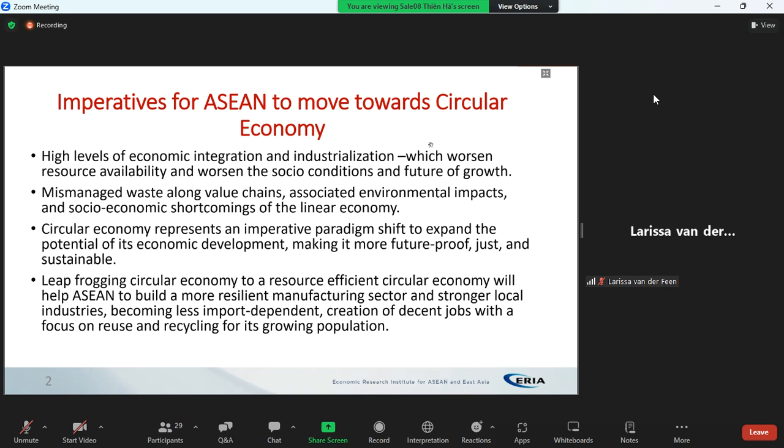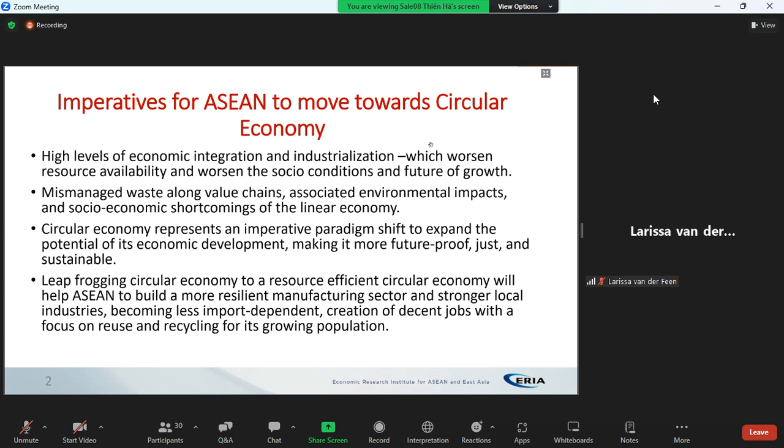The second one is about the mismanaged waste along the value chain, associated environmental impacts, and the socio-economic shortcomings of the linear economy. And the third one, circular economy represents an imperative paradigm shift to expand the potential of its economic development, making it more future-proof, just, and sustainable.